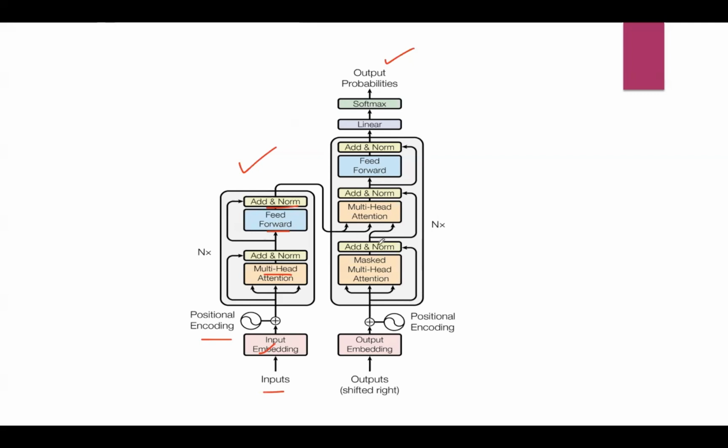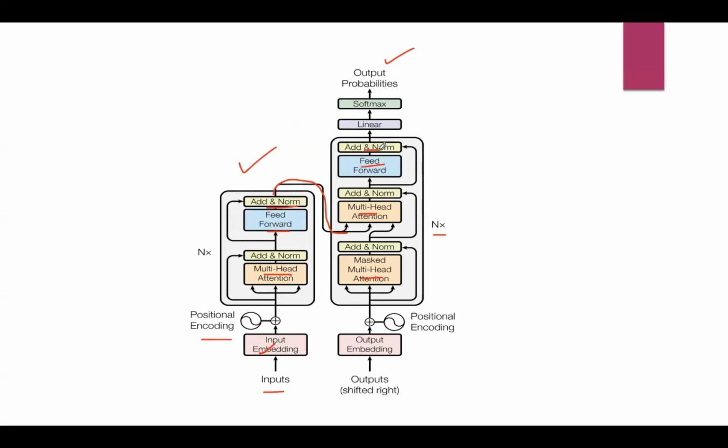Then moving on to the decoder part, which is present at the right side of your diagram. The decoder takes the encoder's output and generates the target sequence. Again, it also consists of n layers, each containing masked multi-head attention, then multi-head attention, feed forward network, and add and normalization layers.